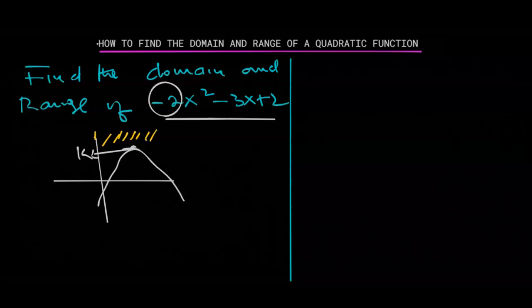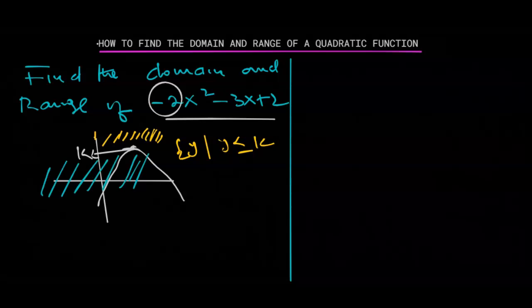So that part of the graph curve is not defined. And so y is always going to be less or equal to the k. This is the part of the graph that is defined. This is what we can work with.